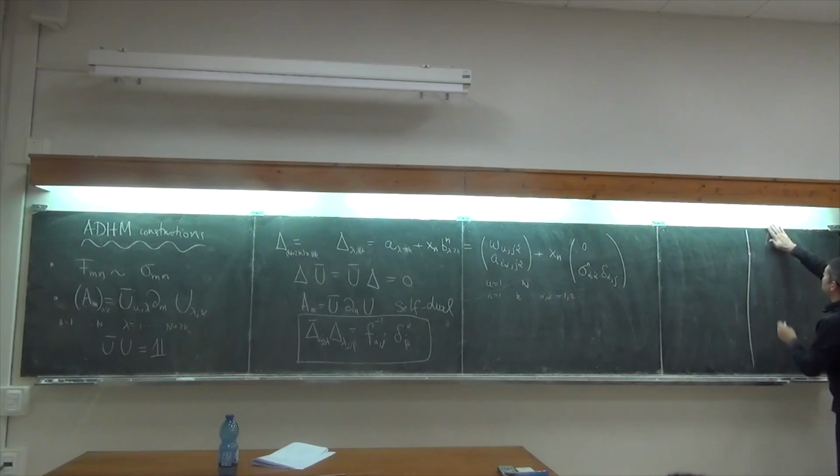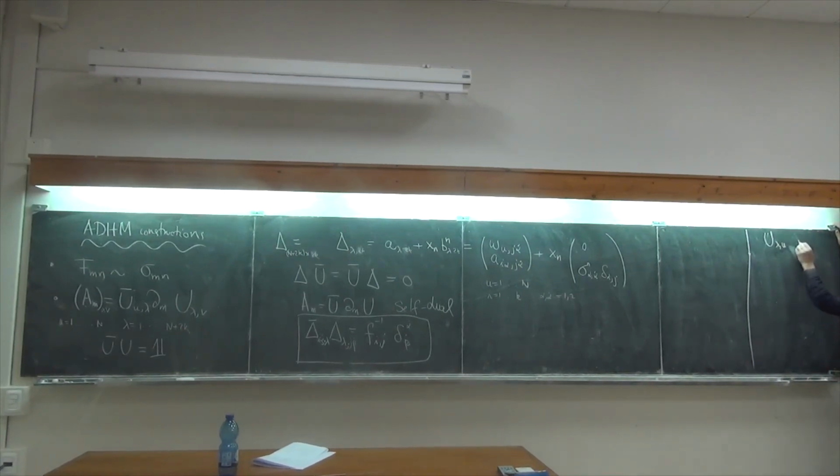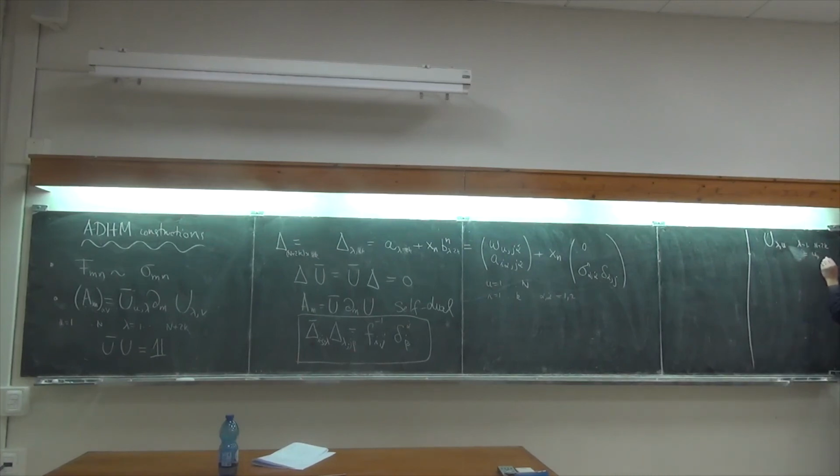Then we have a matrix U, with index lambda u, where lambda is 1 to n plus 2k, and this n plus 2k we split like u and i alpha dot.